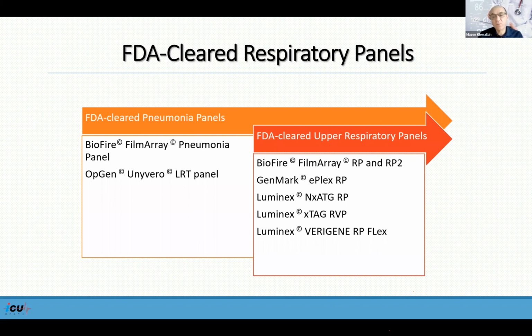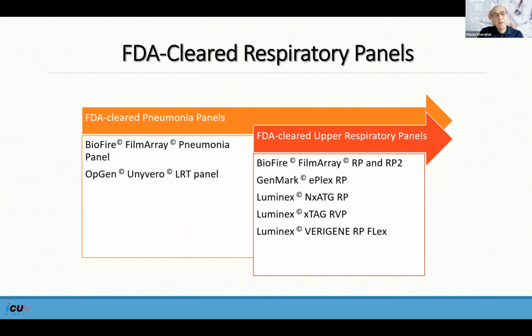We have two different panels, one for pneumonia and one for upper respiratory. Of course, we can use the upper respiratory panel to make a diagnosis of pneumonia. A lot of organisms start in the nasopharynx and then complicate with pneumonia.